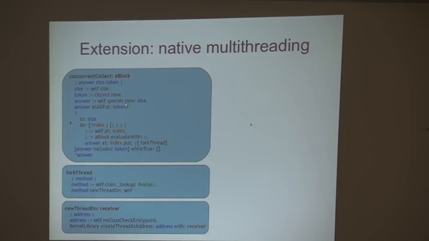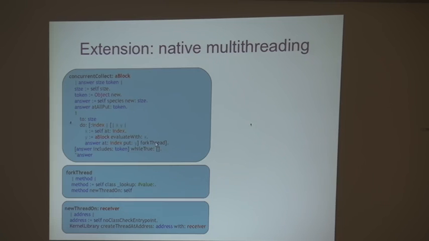And basically, it's the same implementation as collect, but it forks for every element in the array, and then it waits until the answer does not include the token. That's the initialization. So it's a very lazy way to know that the collect is done, like all the elements in the array have been done.